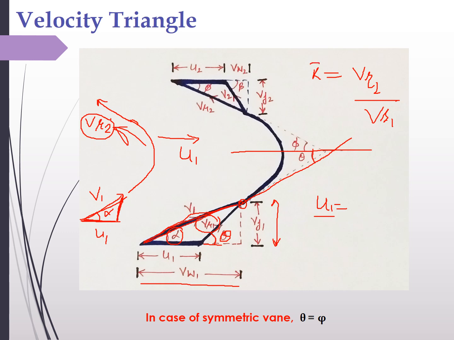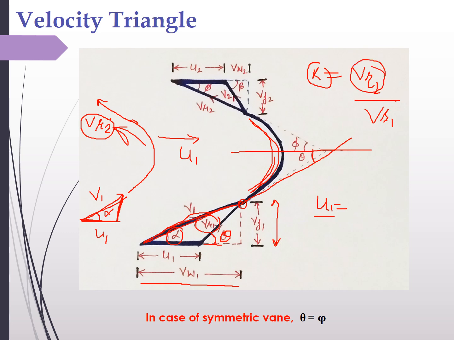K is basically a factor which considers the frictional effects or some other effects along the vane. This is basically a coefficient, we will be knowing its value, and it is certainly less than 1, so we can find out Vr2.